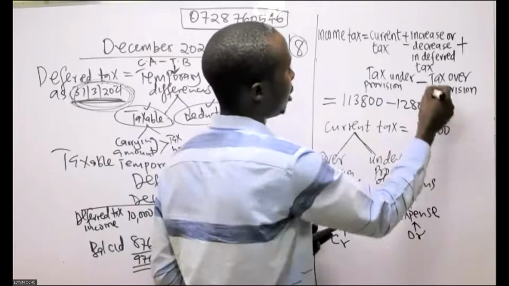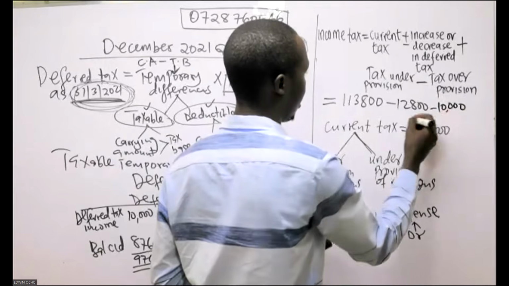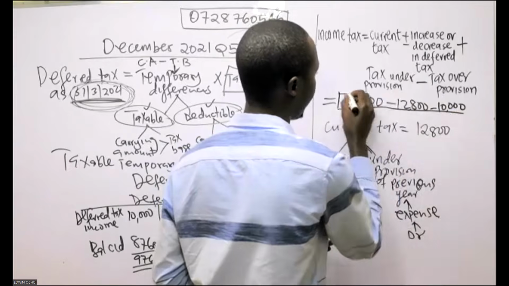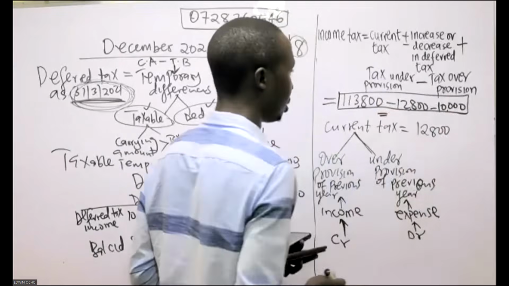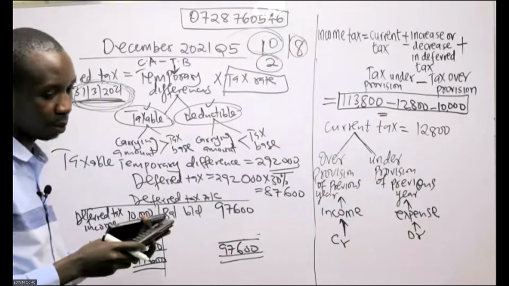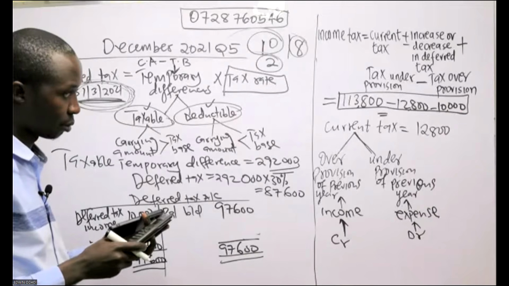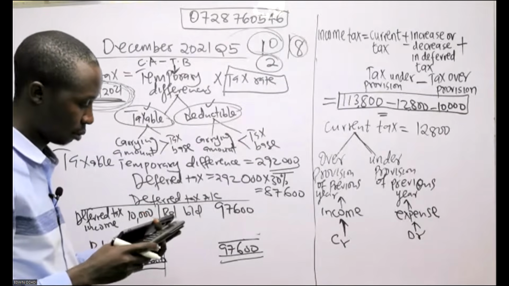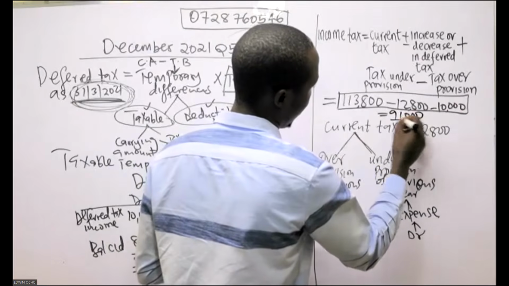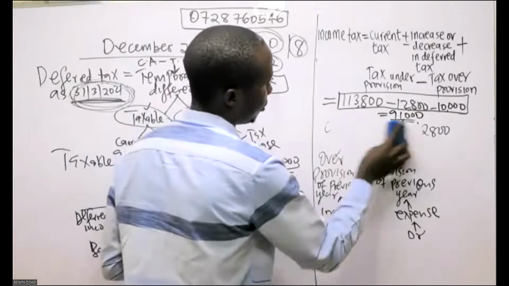So meaning that it's a decrease, we minus 10,000 here. So if you do it this way, the answer, the income tax to be applied in the income statement, is 91,000. That is fine.